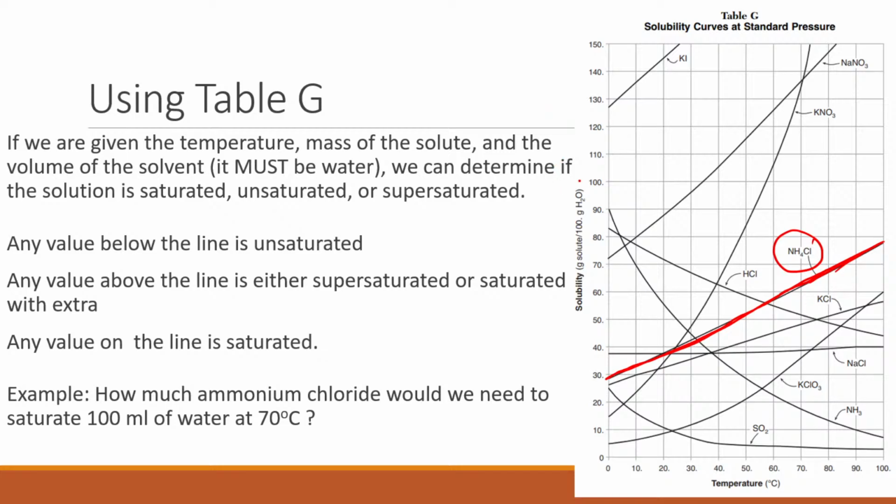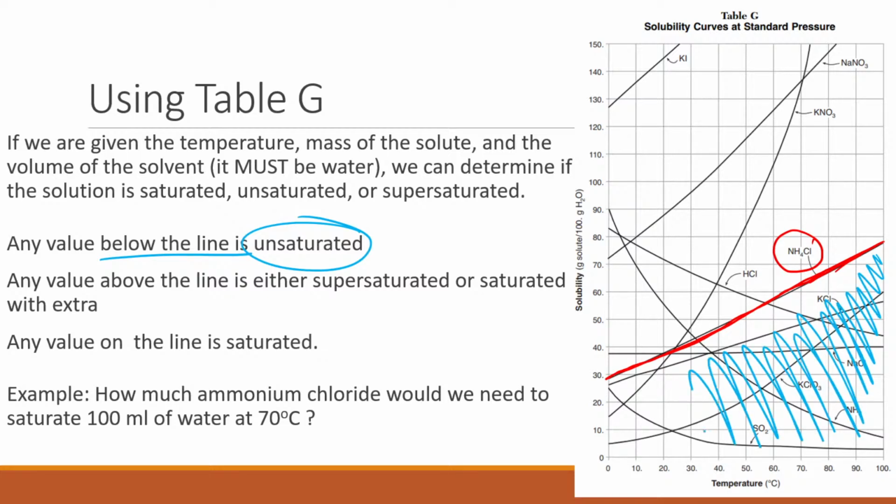So when we're talking about NH4Cl, we're going to look at this line only and pretend the other ones don't exist. Any value below the line is unsaturated. So all of these points here are unsaturated for NH4Cl. Everything that falls below this line.